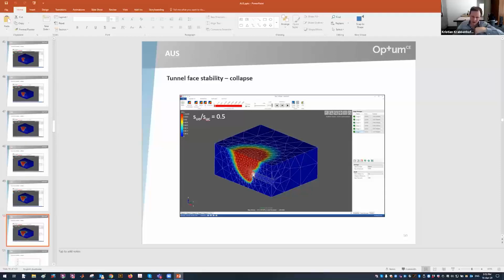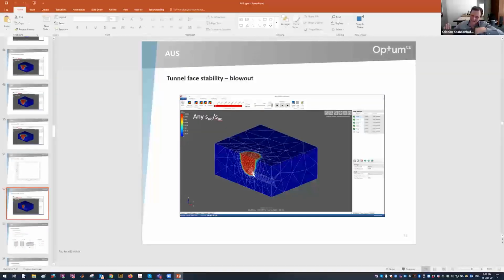Whereas in the passive version of the problem, where we overpressurize the tunnel face so that we have a blowout, a connection to the top surface, it's a passive type problem that's dominated by compression.